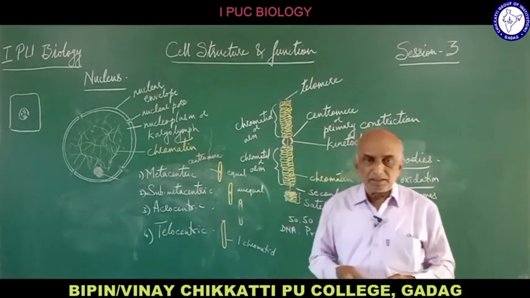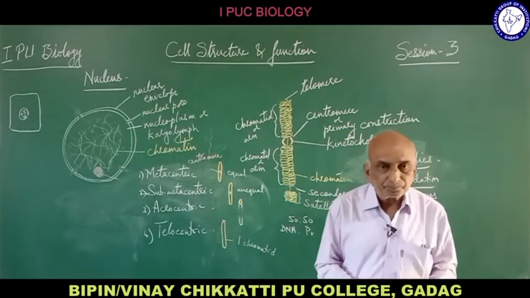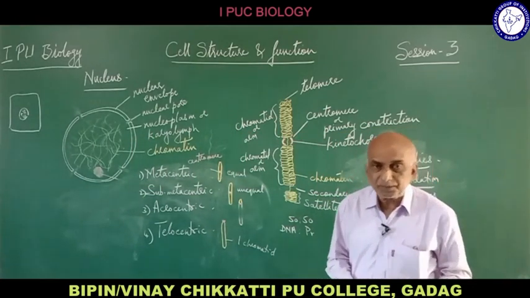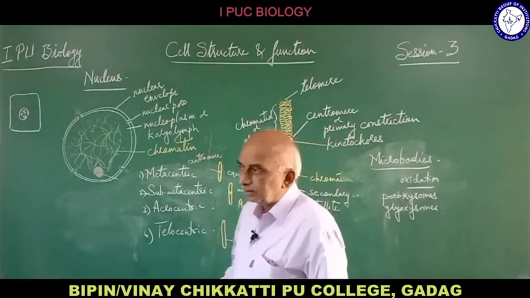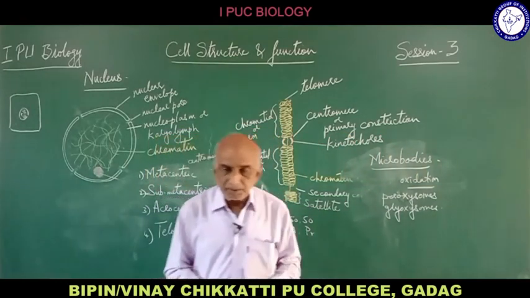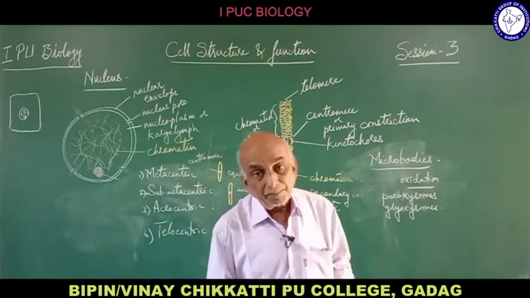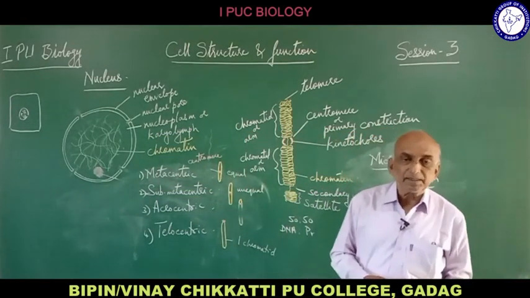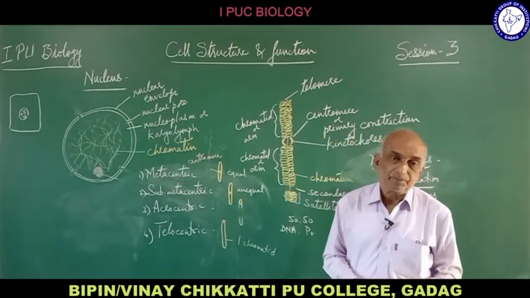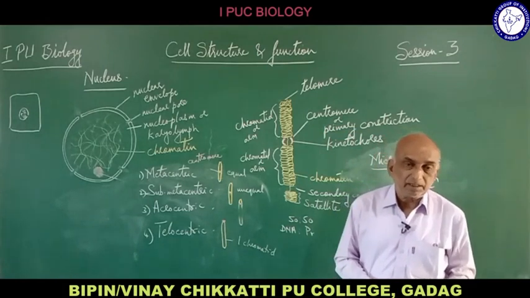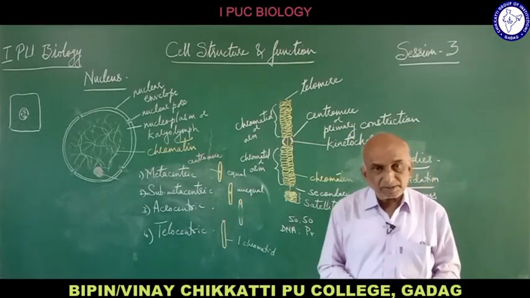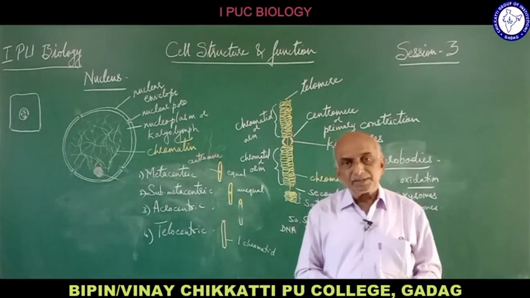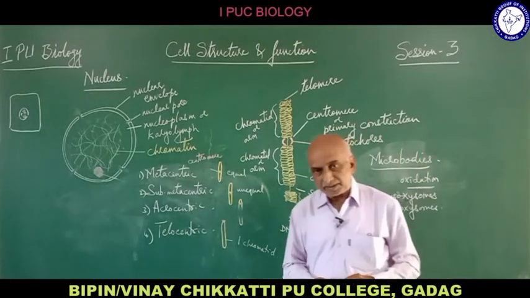That is another difference. And another important difference between plant cell and animal cell is plastids. Plastids are present in plant cells only, whereas animal cells do not contain plastids. Plastids are either chloroplasts, chromoplasts or leucoplasts, which are completely absent in animal cells.